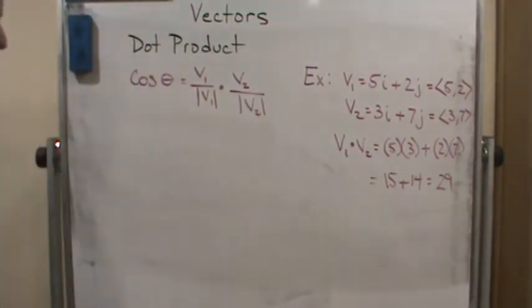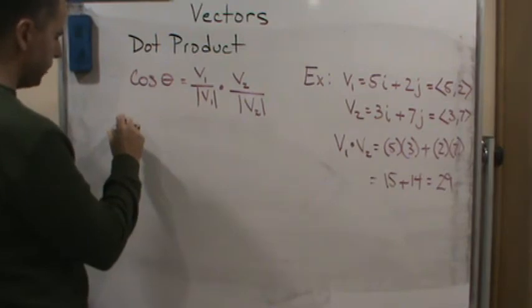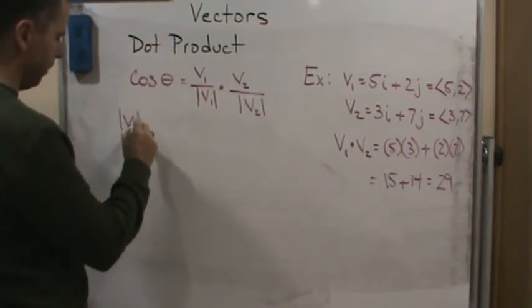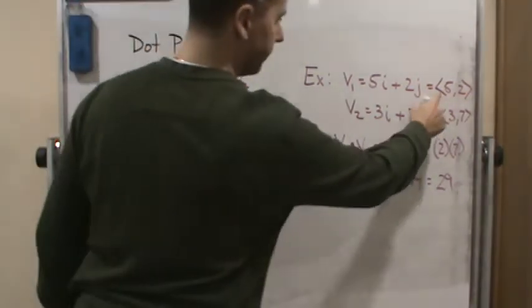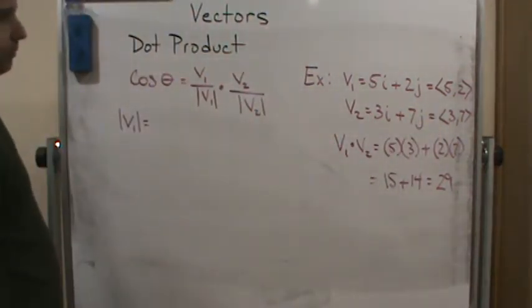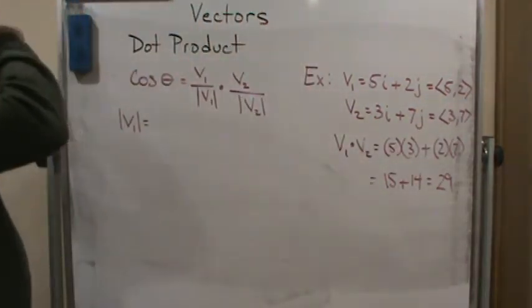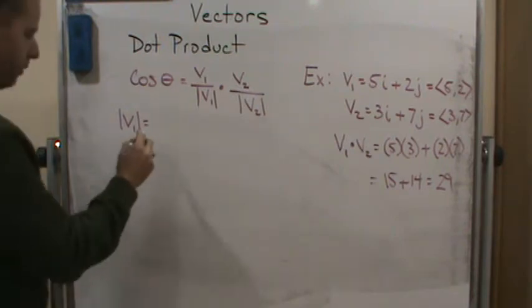So first of all, we need to find the magnitude of v1 and v2. Well, the magnitude of v1, we're just going to use the formula, right? We've got the vector in standard position, so it's going to be a squared plus b squared, or if you want, x squared plus y squared.